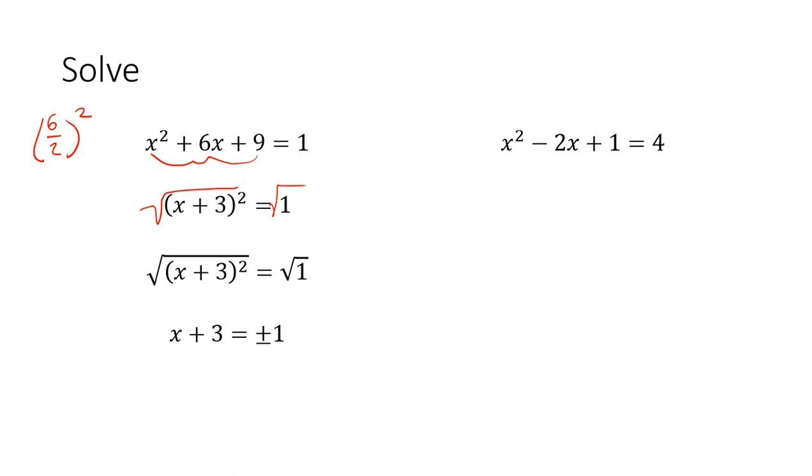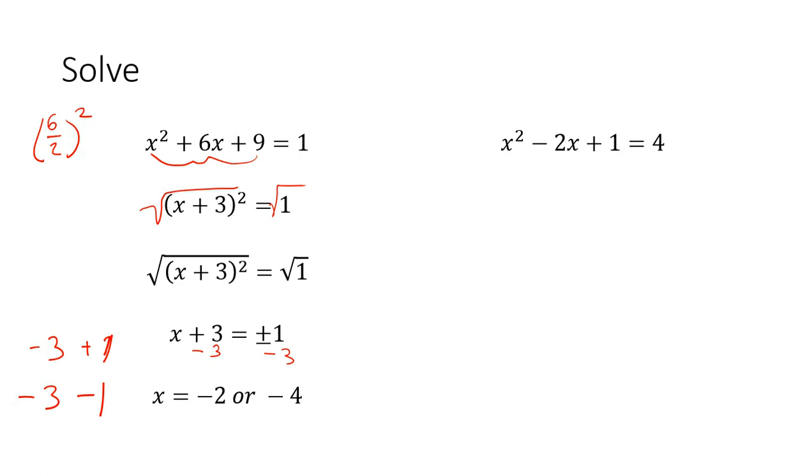And now you have x plus 3 is equal to 1. You want to get the x by itself, so you would subtract 3 on both sides. And so we would write it as -2 or -4, because we would end up with -3 plus 1 and -3 minus 1. That's what that plus or minus means.